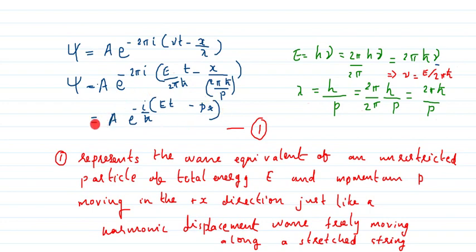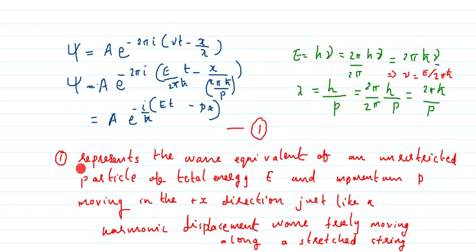So now the wave probability amplitude or the wave function is represented by this equation, that is a e raised to minus i by h cut times (Et minus px). I'm going to name it equation 1.